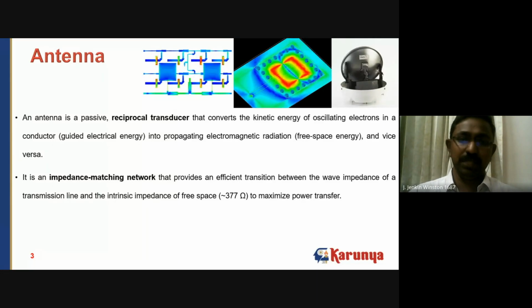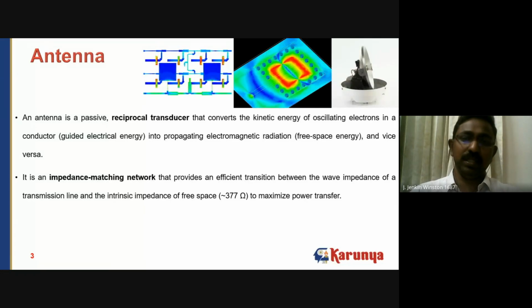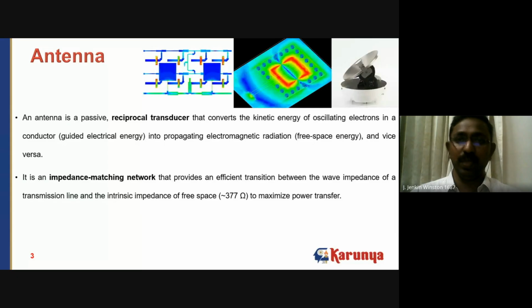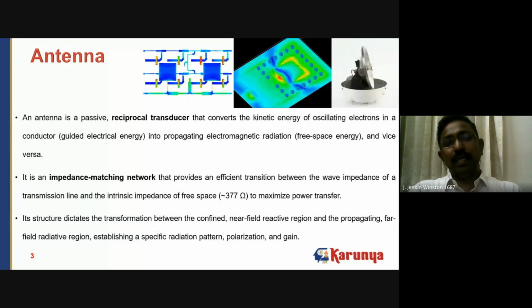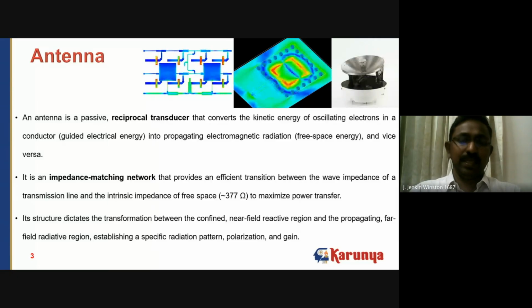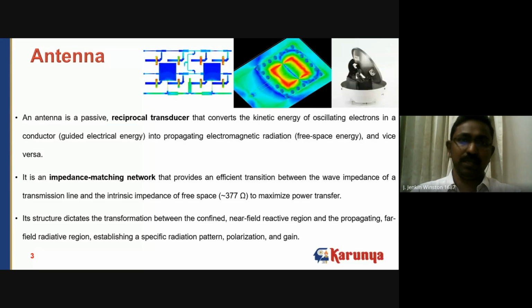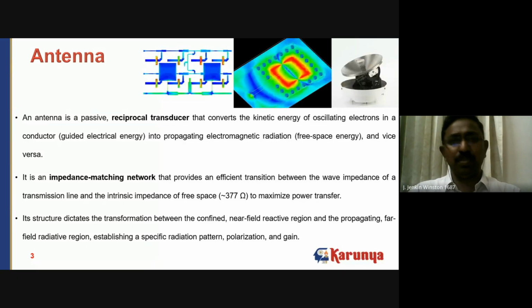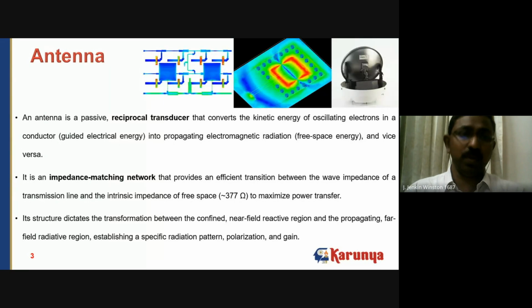The free space impedance is said to be around 377 ohms, and maximum power transfer happens when the antenna matches with it. These are the basic ideologies which you could have come across in textbooks, the formal introduction of how an antenna is.